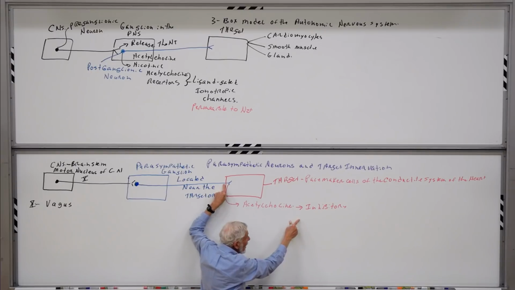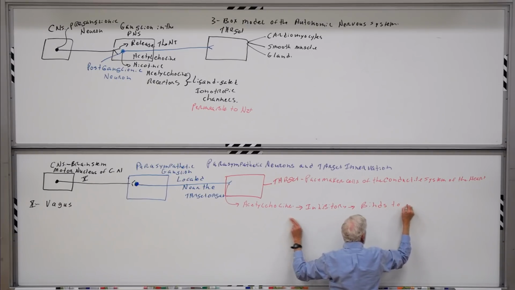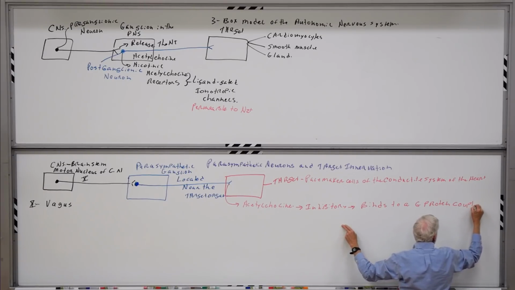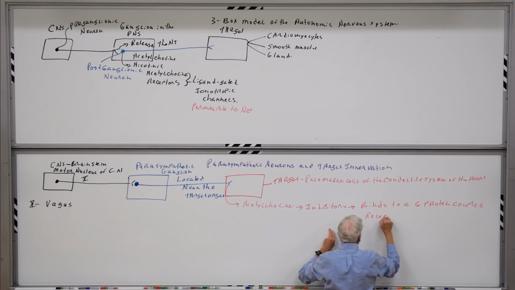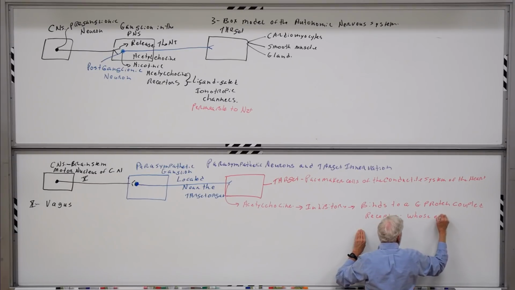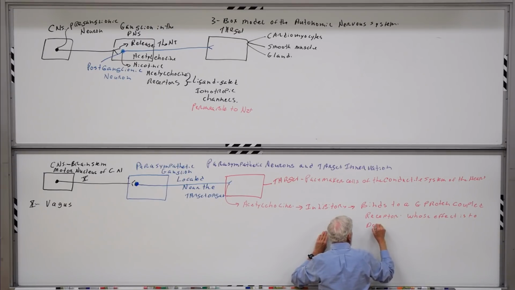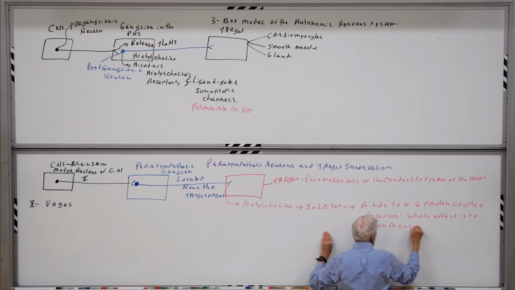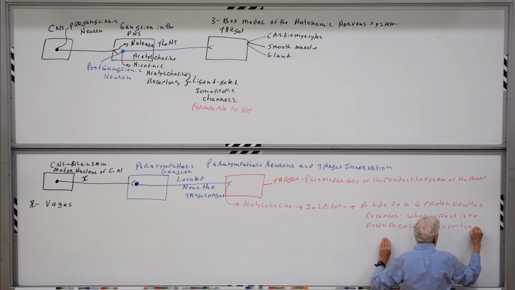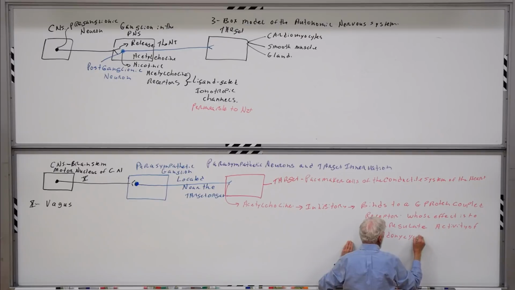And how can that be? It's inhibitory because it binds to a G protein coupled receptor whose effect is to downregulate, you can read reduce, activity of adenylyl cyclase.